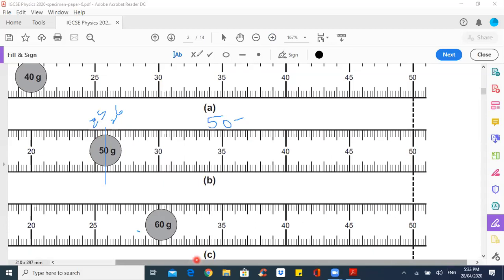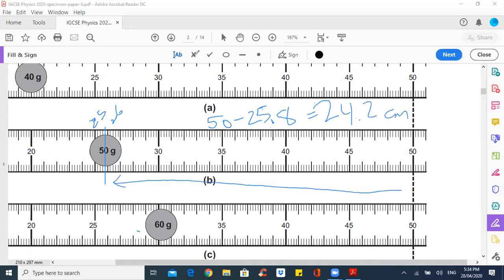So your answer is 25.8. So it's going to be 50 minus 25.8. How much do I get? 50 minus 25.8, you get 24.2 centimeters, because that is the distance between here and the 50 mark.